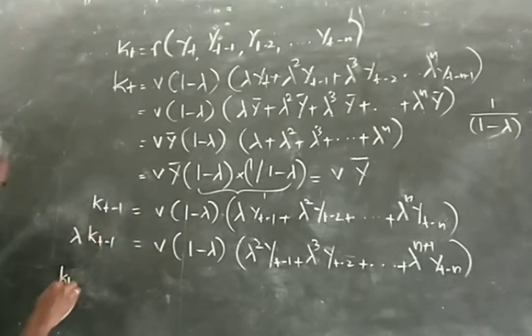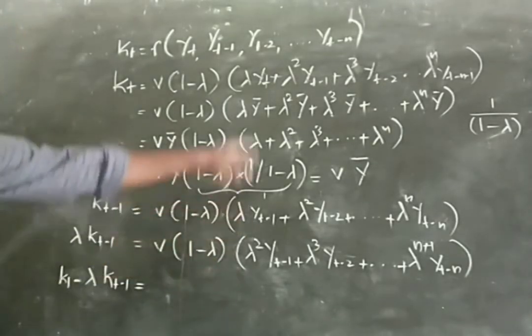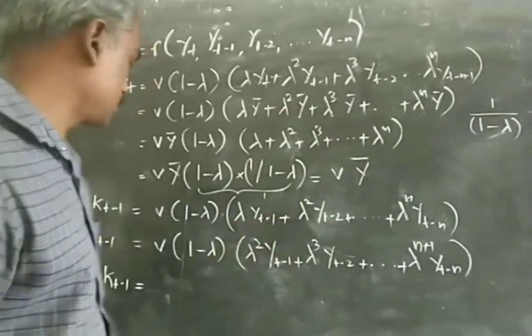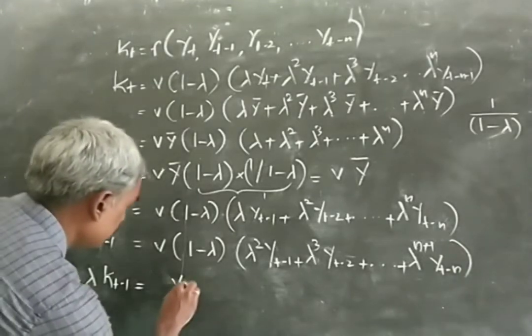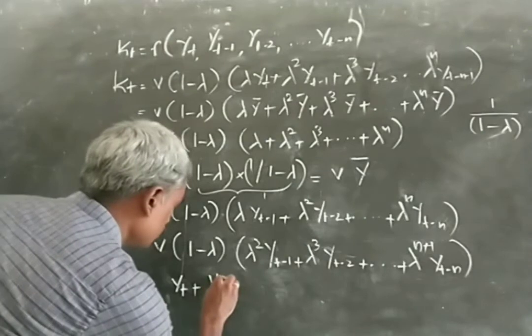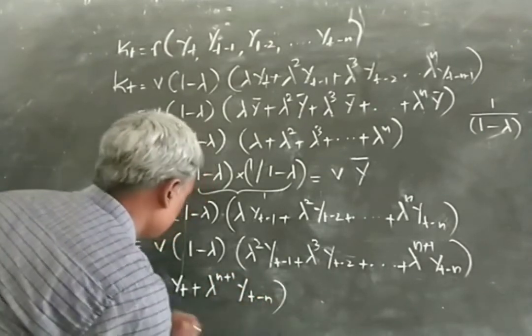So Kt minus lambda Kt minus 1 equals, here we are cancelling out all these terms, and what remains will be Yt plus lambda raised to n plus 1 Yt minus n.